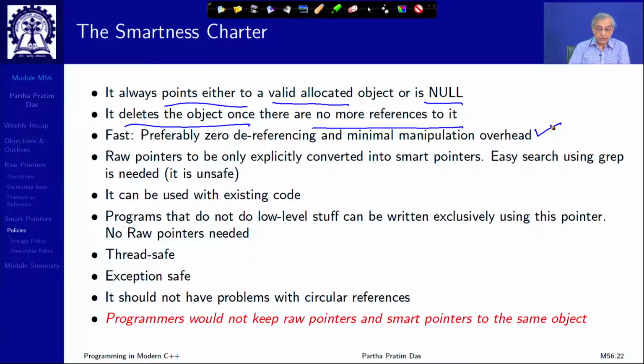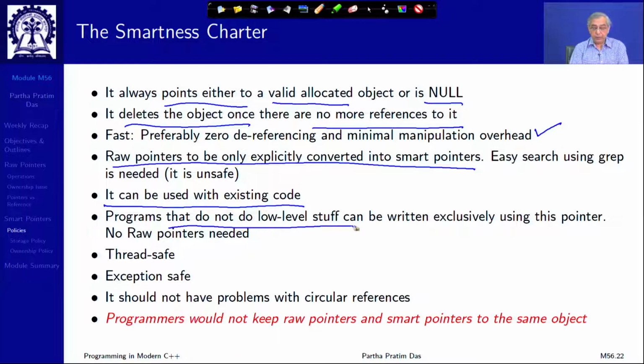Raw pointers only will be converted to smart pointers explicitly. It can be used with the existing code, because I am not going to rewrite the earlier code. Programs that do not use low level stuff will be written exclusively using this pointer. No raw pointer is needed.